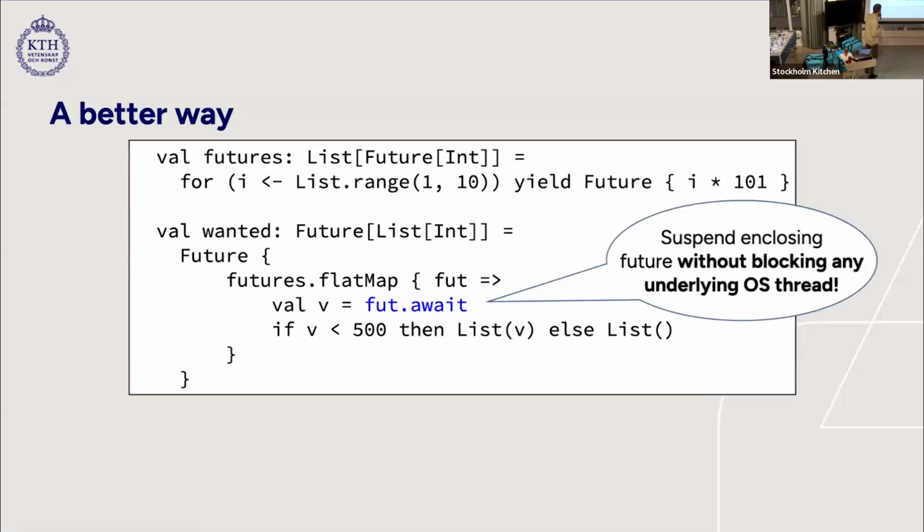And in fact, it is possible to do that, even in a very nicely behaved fashion, where we don't block any underlying thread, okay? We just suspend the enclosing future, which in this case would be the one that we created here. So we just suspend, and then the next future is completed, and we continue, and we just do this for all the futures, right?